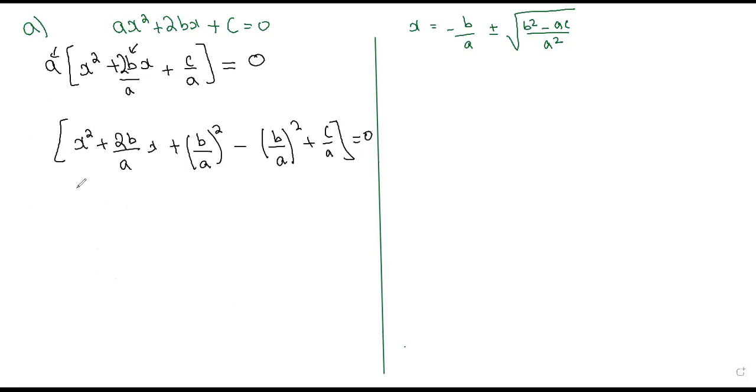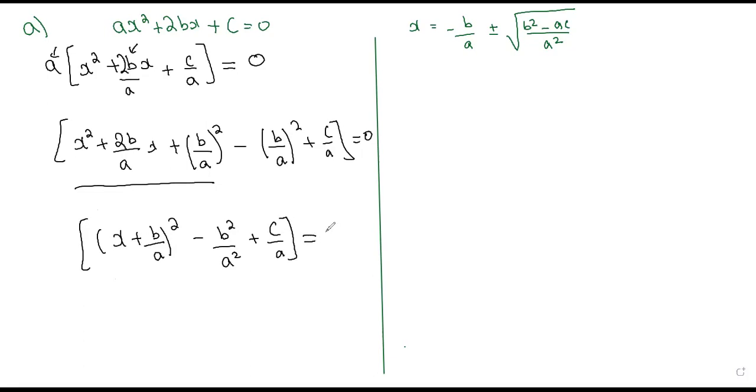This is the complete square thing, so I can write it down as (x plus b over a) squared, and now this would give me minus b squared over a squared plus c by a equals 0. Now let's just simplify this.